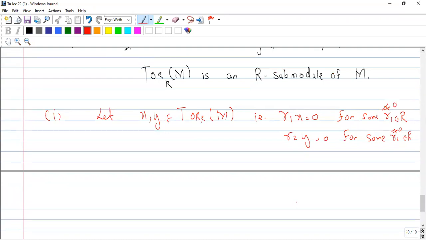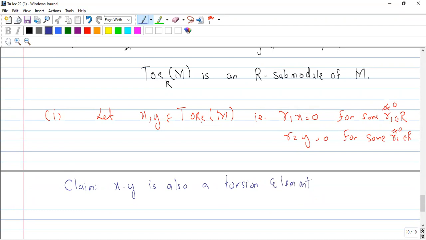Now what we need to show? We need to show that their difference, x minus y, is also a Torsion element.